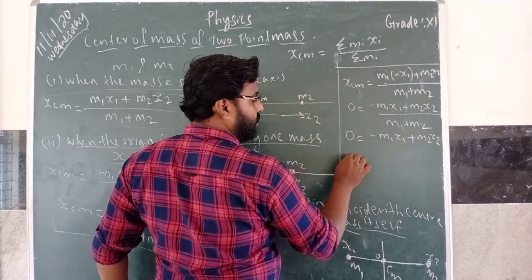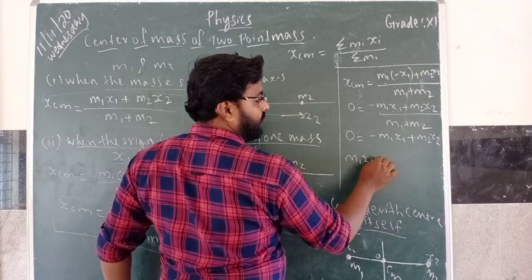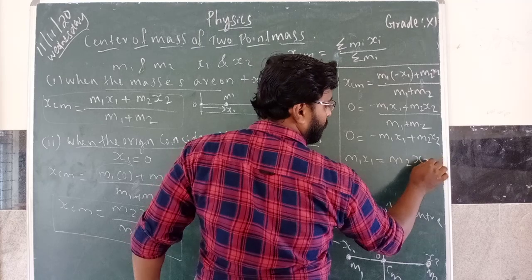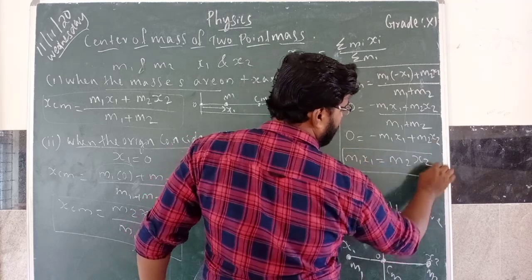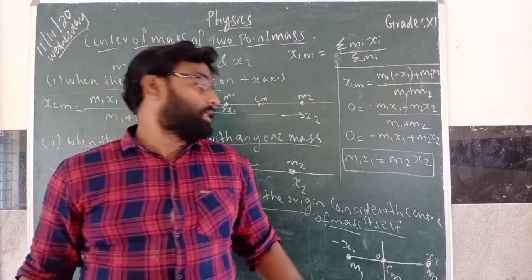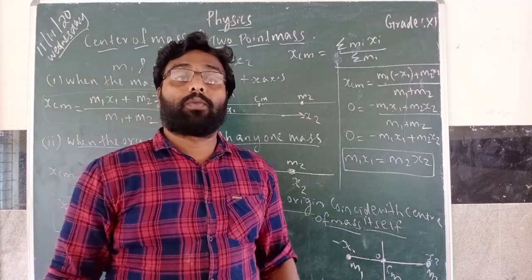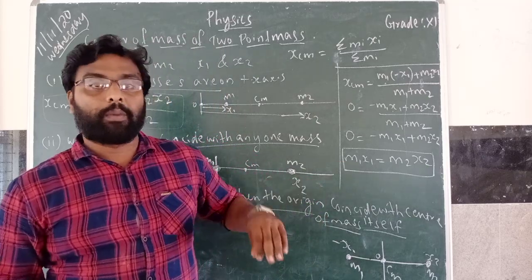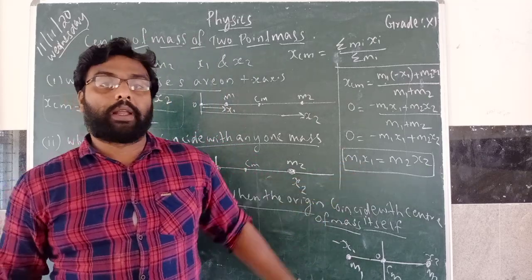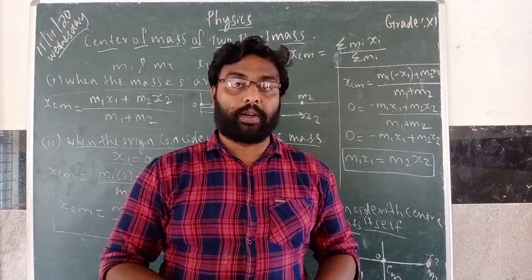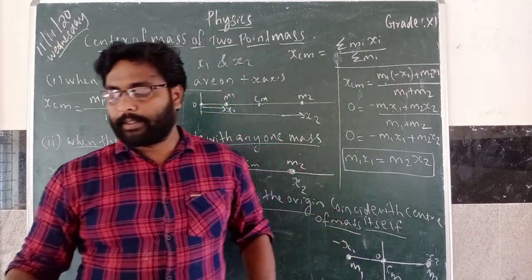This equals m1 x1 equal to m2 x2. This is another formula. We can tell this is equal to principle of moment. We will learn about this formula in coming units. Principle of moment formula, that is.